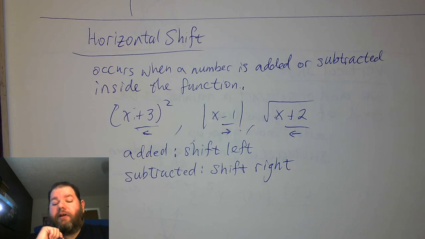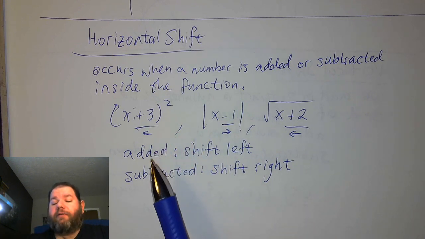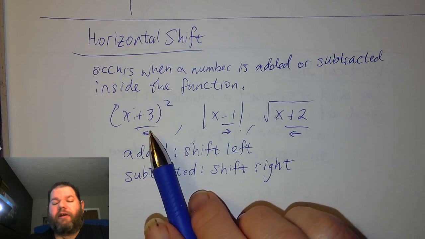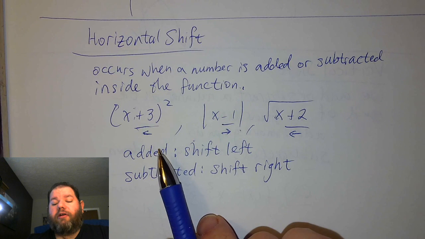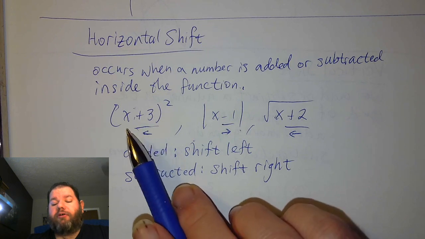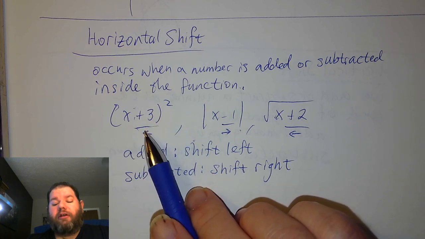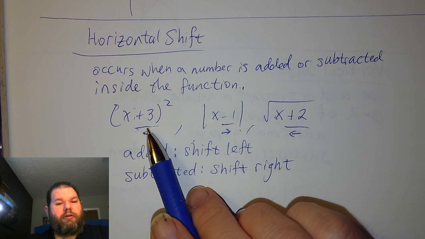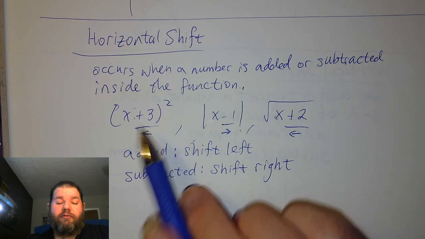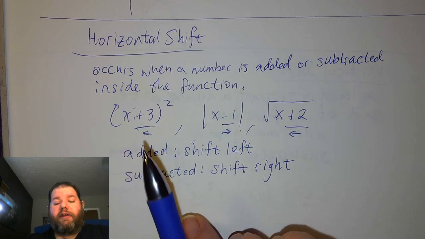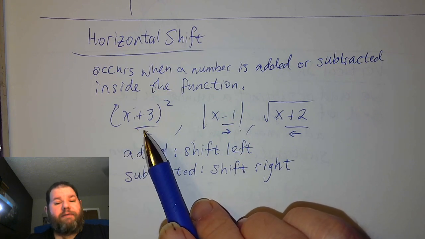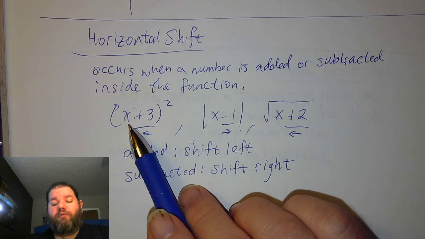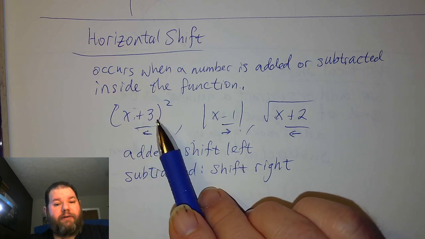The reason it comes out opposite is it's kind of like how we had with the equation of a circle, where if we had x plus 3 squared, then negative 3 was our first part of our center of the circle. It's directly related to that. So basically, when we see x plus 3, the 0 value is actually whatever value of x makes this 0.